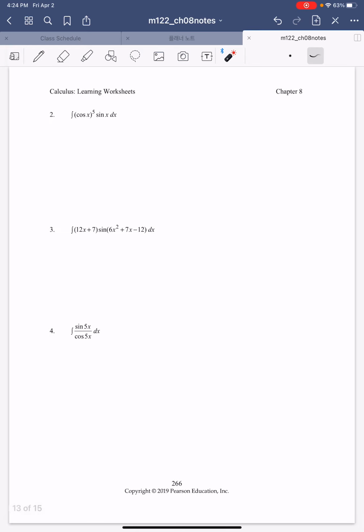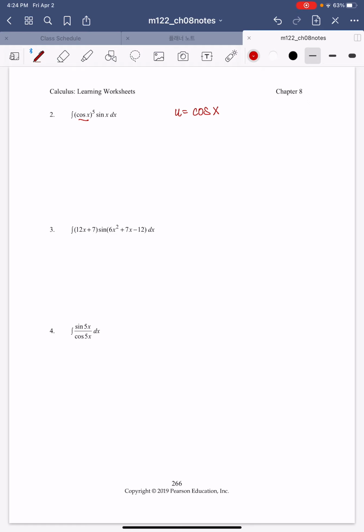Number 2, we have cosine x to the 5th power sine x dx. Now here, same thing. I'm going to be selecting u nicely so that it cancels out. So let's think about this. I have something to a power, so my first attempt will be to set u as cosine x because you have a cosine inside of a bigger function.